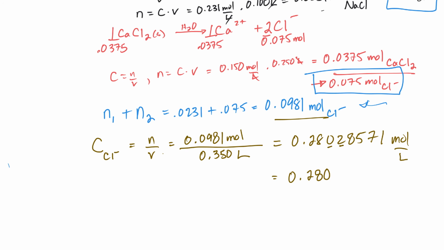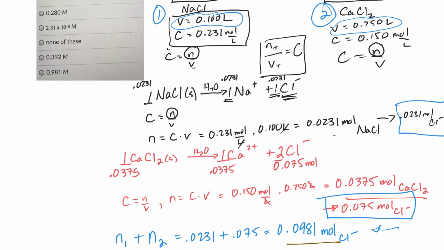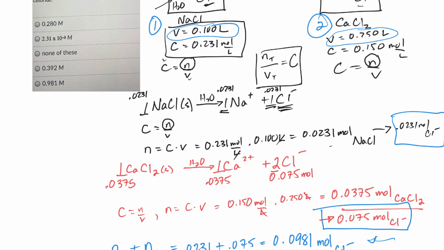You have to put that 0 in for sig figs. Moles per liter, or molar. That's the answer I'm going with. Let's see if they have that as one of the answers. Oh, right there. They even have the sig figs right.